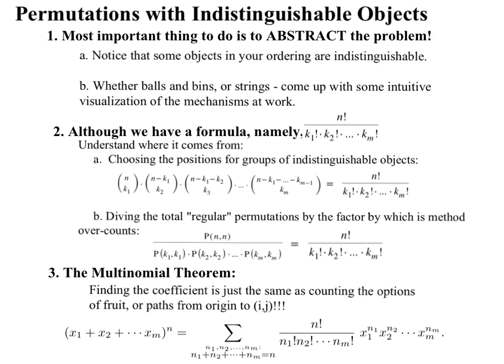Second is, whether you're dealing with balls and bins or strings with characters or however you want to think about it, it's really important to come up with an intuitive visualization of the mechanisms that are at hand. We have a formula right here, but the important part, again, when I've beaten it over the head, I'm sure, is to understand where it comes from.